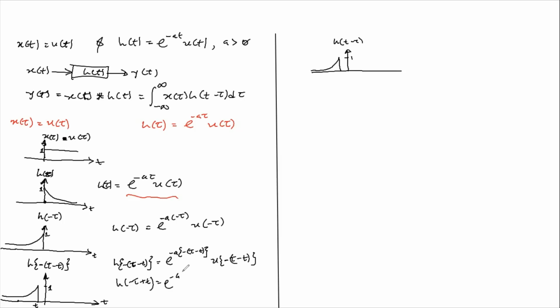That is e to the minus a times minus tau plus t, which gives us h of t minus tau equals e to the minus a times t minus tau, u of t minus tau.